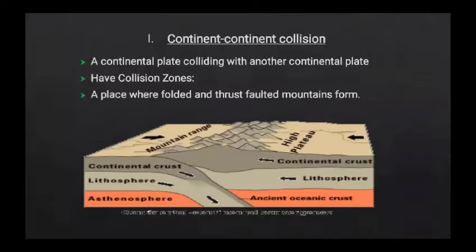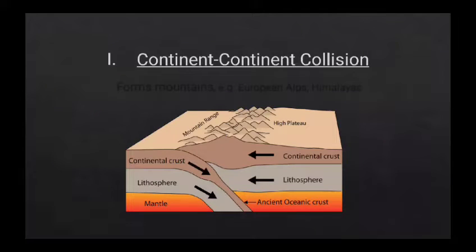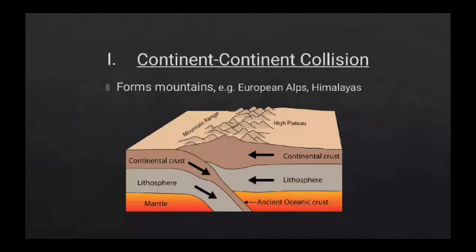Kapag yung continental crust at saka yung continental crust ay nag-collide, or yung lithosphere at yung sa kabilang lithosphere ay nag-collide, so it forms mountains. Example nito is yung European Alps or yung Himalayas mountain ranges. So, one of the examples of continent-to-continent collision is the Himalayas mountain ranges.